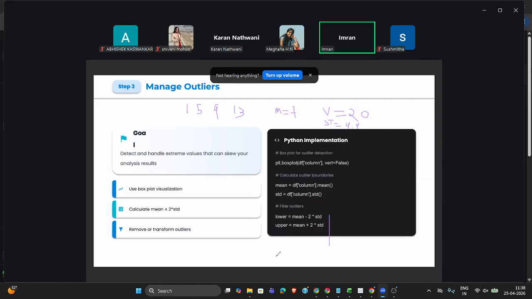Lower is minus 1.8: mean minus 2 into standard deviation, twice 4.4 is 8.8, so minus 1.8. Correct. And what about above? 7 plus 8.8 is 15.8. So the range is minus 1.8 to 15.8. Any outlier you can see in this data.